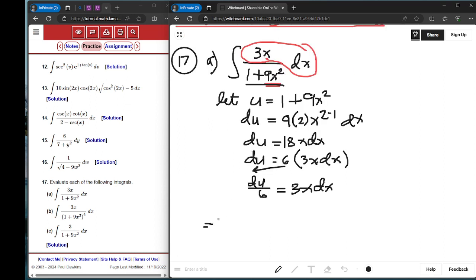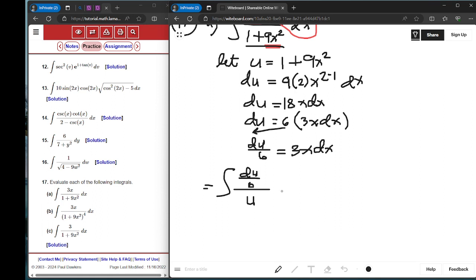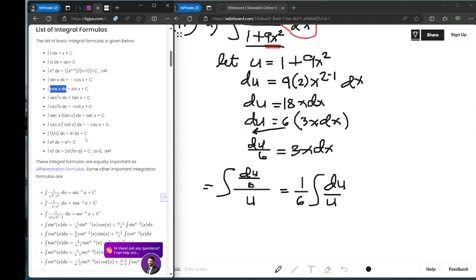And then our integral will become du over 6 over u. Since our u is 1 plus 9x squared, we can move out 1 over 6, so that becomes 1 over 6 du over u. Now, what is the integral of du over u?